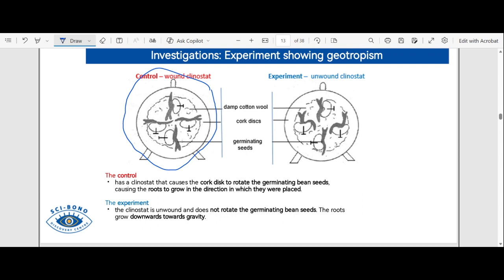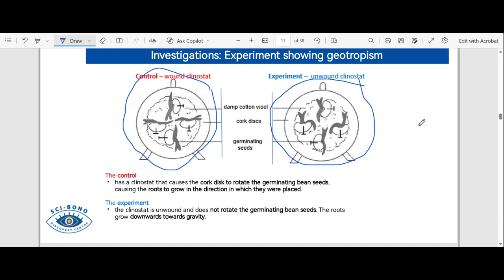Hence the clinostat will rotate just to get gravity distributed throughout the whole plant. So this is the experiment. Here in this plant, the clinostat is not rotating, so it means that the auxins will diffuse to the side where there's more gravity.